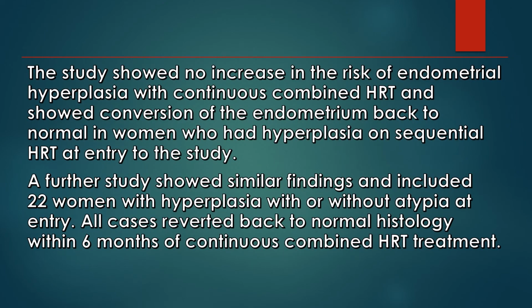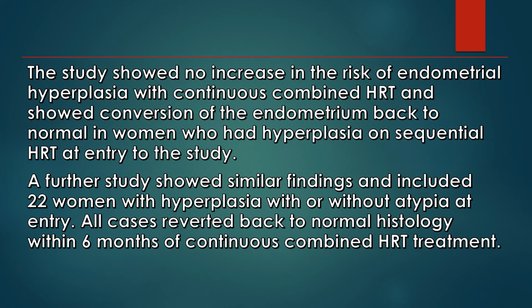The study showed no increase in the risk of endometrial hyperplasia with continuous combined HRT and showed conversion of the endometrium back to normal in women who had hyperplasia on sequential HRT at entry to the study.